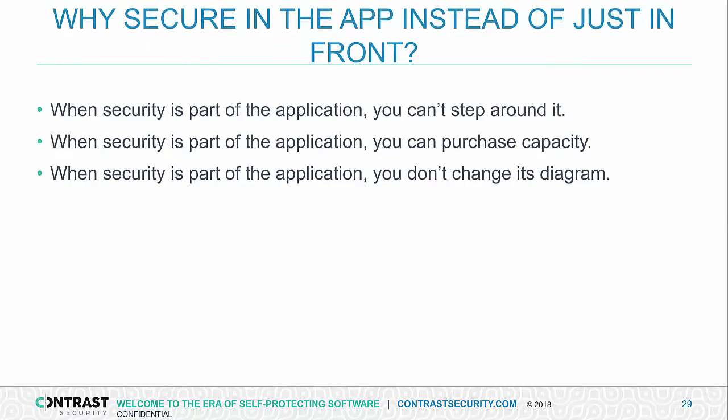So why would I secure my application instead of just securing it in the front? Well, a couple reasons for this is one, when security is part of the application, you can't go around it, such as reaching the application through its actual DNS entry. Also, when security is part of the application, I can still purchase capacity because I'm just purchasing capacity for the application.